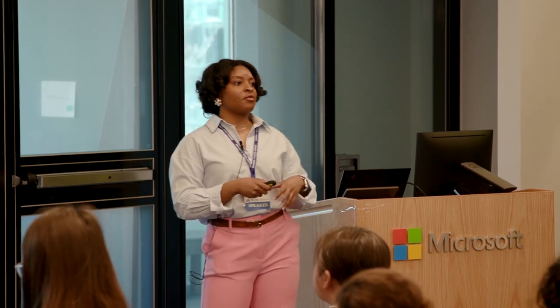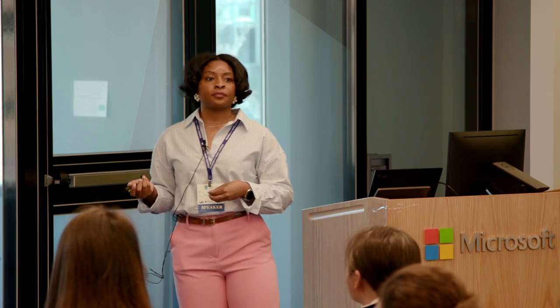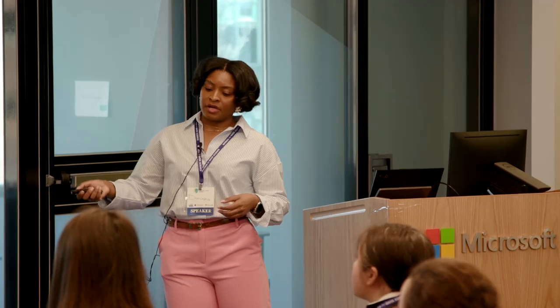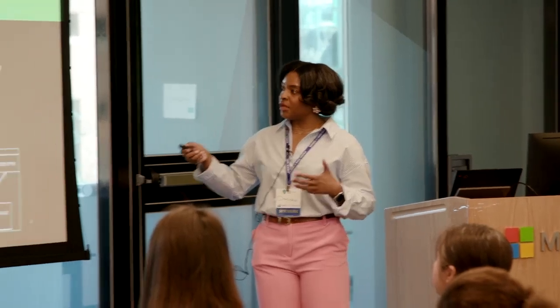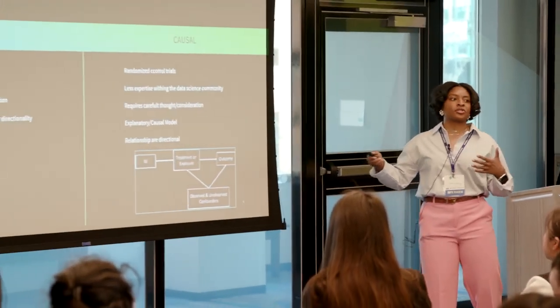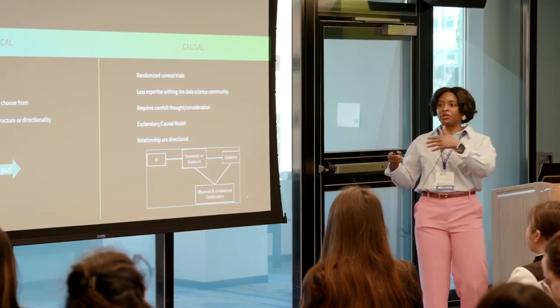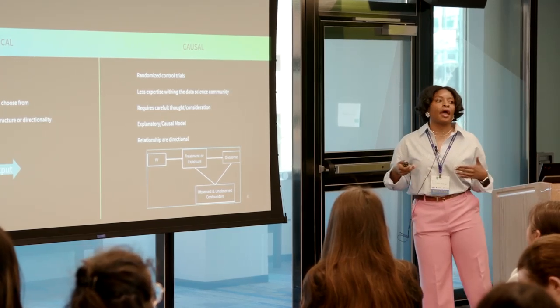We get that data, we find a set of predictors, we put those predictors through a model, and we get some predicted outcome. Now, oftentimes you might hear of this model as like a black box, right? And this is just a loose term used, but when we're saying this, we're just saying we don't have an inherent structure or directionality that helps us understand the inner workings of the relationship between our predictors and our outcome, right?